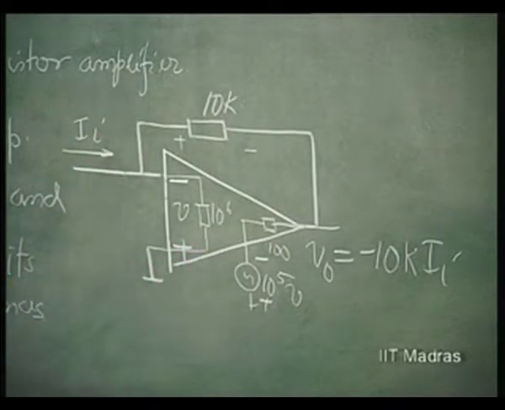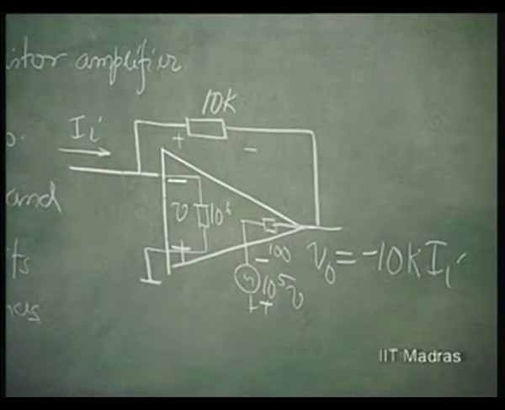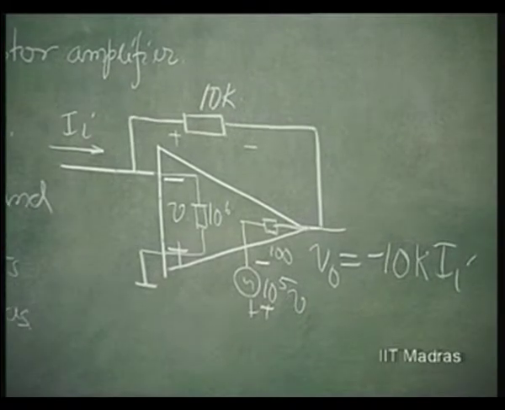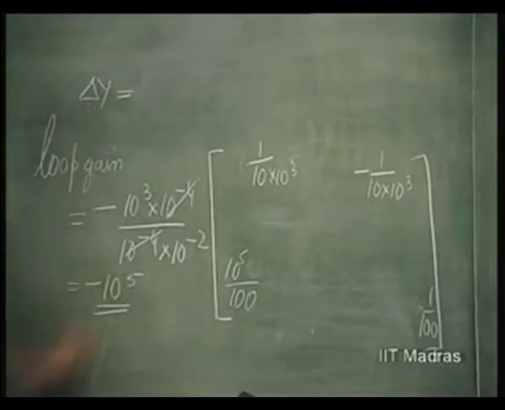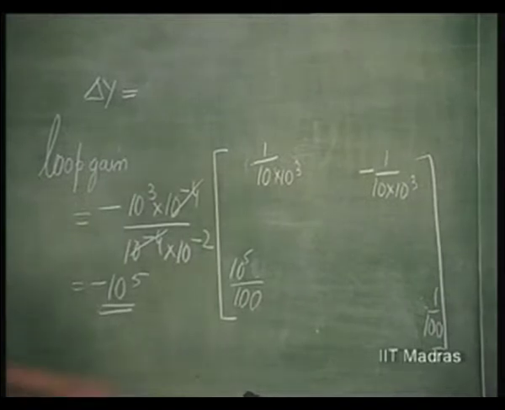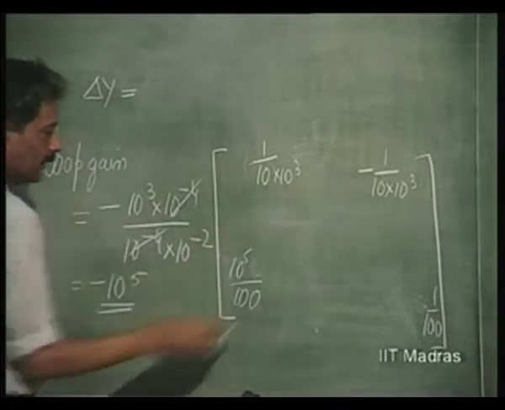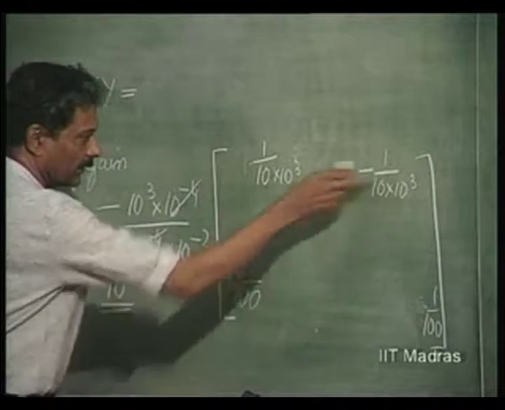It is visible there. So, then delta Y is nothing but this into this plus this into this.